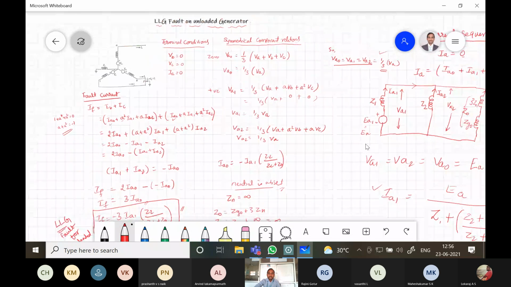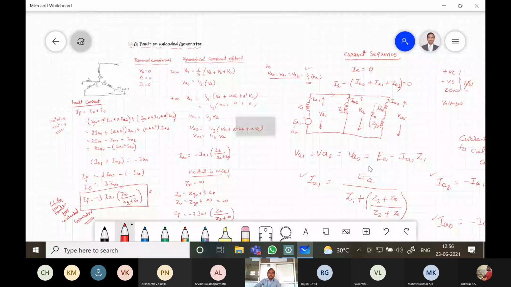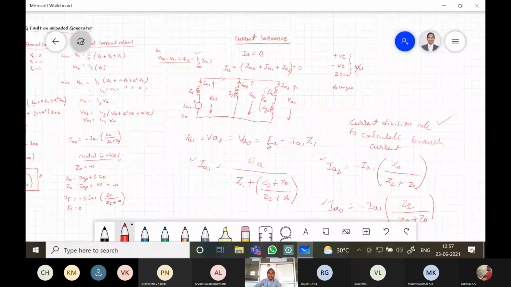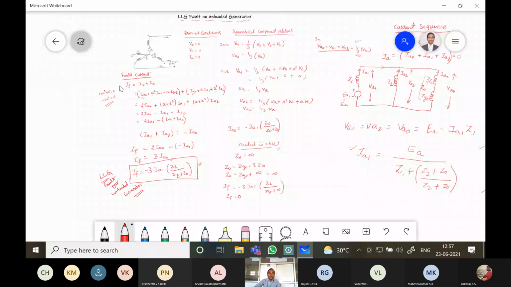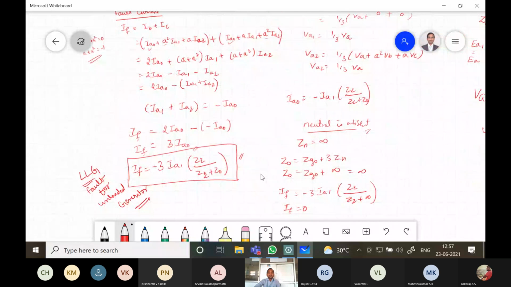Then we need to draw the positive sequence, negative sequence and zero sequence networks in combination, either series or parallel, depending upon the equations. After that we need to calculate the fault current in terms of symmetrical components. So finally we get the fault current. This is the expression for double line to ground fault for the unloaded generator.